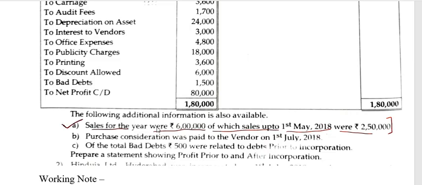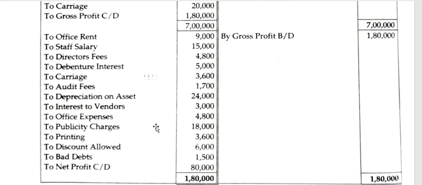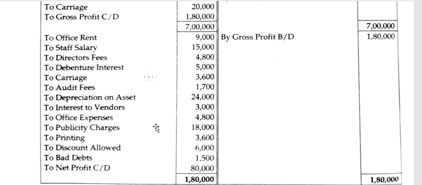Next, purchase consideration was paid to the vendors on 1st July 2018. So this adjustment is related to vendors. Tick mark where vendors is in the question. So here is vendor, so we have an adjustment on interest to vendors.